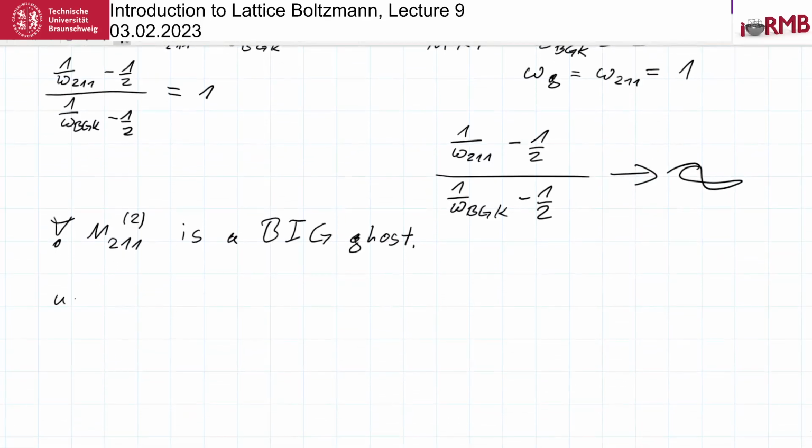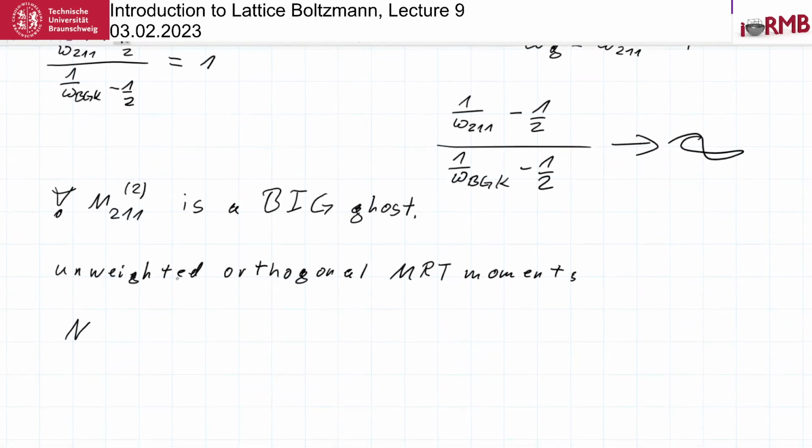Let's look at what we do when we have unweighted orthogonal MRT moments. So let me just call this moment, for the time being, N211. So this N211 made orthogonal looks like this.